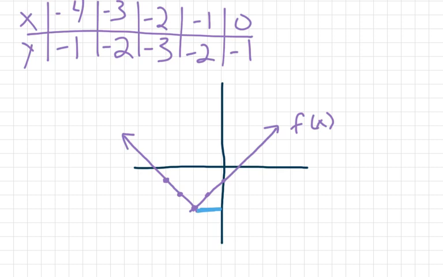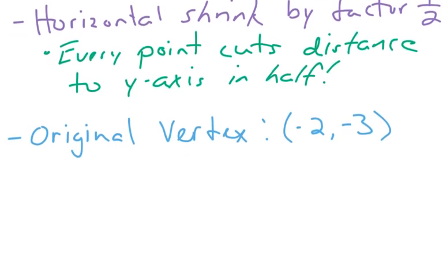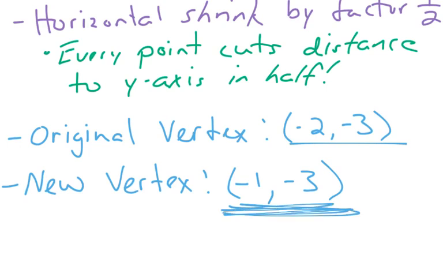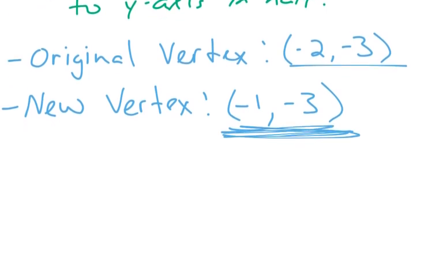If we're going to cut that in half, half of 2 is 1. So our new vertex is going to be at -1, -3. We're cutting the distance to the y-axis in half. This is important because we need the original, and then we're going to cut it in half, and it's now going to be -1, -3.